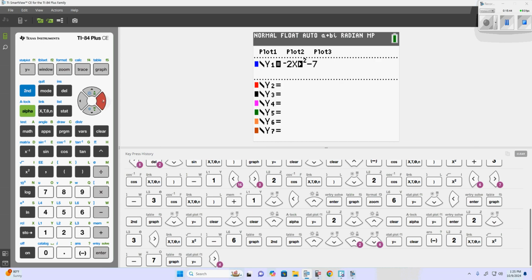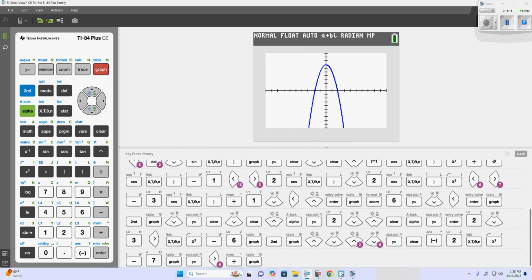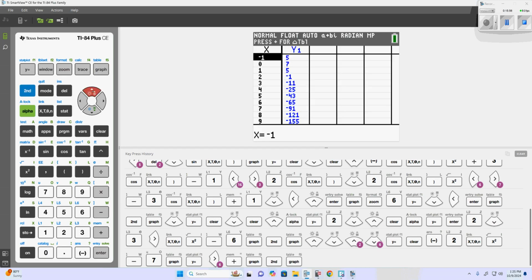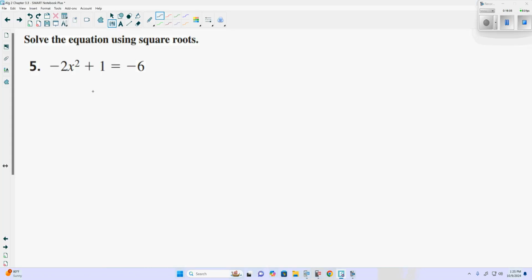It's not minus 7. That doesn't look right. Plus 7. Okay, it does cross the x-axis in 2 places. On the scale, it looks like it's crossing near 2 and negative 2. Well, neither one of those gives us a value of 0. So unfortunately, we can't graph it.